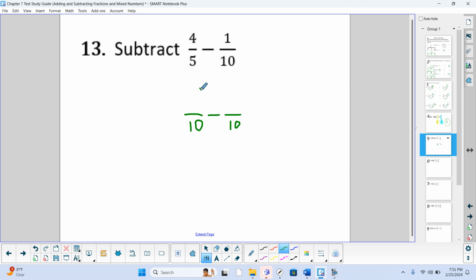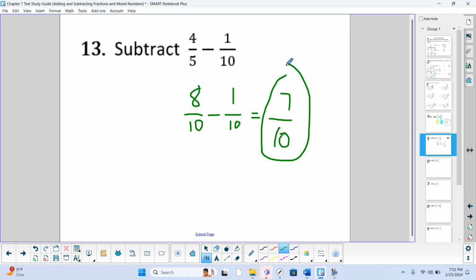So 4 times 2 is 8, 8/10. This would be times 1, which makes sense because it's 1/1. 8/10 is the same as 4/5. 1/10 is the same as 1/10. So we subtract 8/10 minus 1/10, and we get our answer is 7/10.